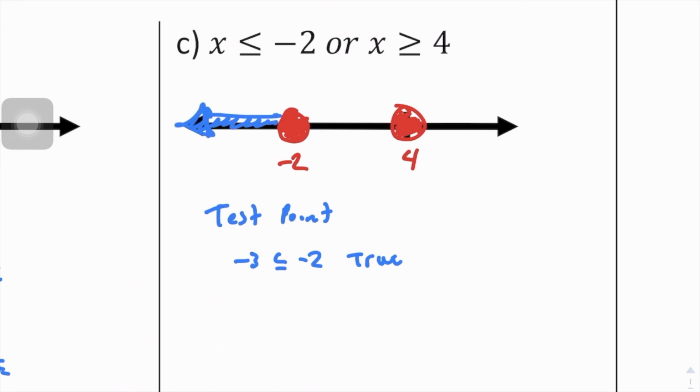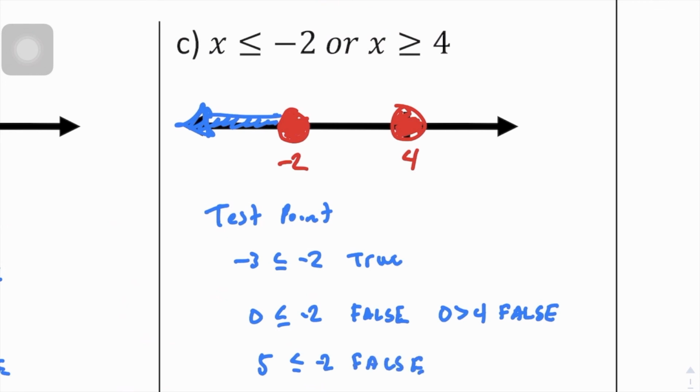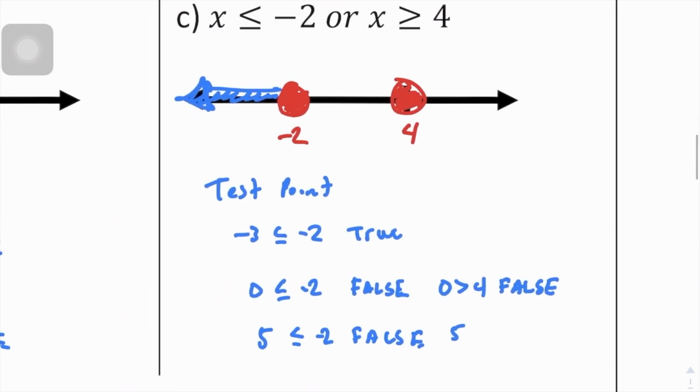Now I'm going to choose something in between -2 and 4. I'll pick 0. Is 0 less than or equal to -2? That's false. Let's check the other one. Is 0 greater than or equal to 4? That's false as well. So nothing in between there. And then let's pick something greater than 4. Let's pick 5. Is 5 less than -2? That's false. But is 5 greater than 4? That's true. So we got a true there. There we go, and that's how we graph inequalities.